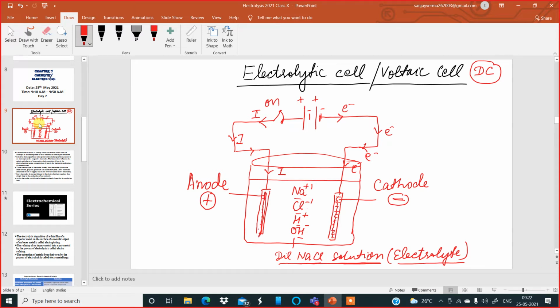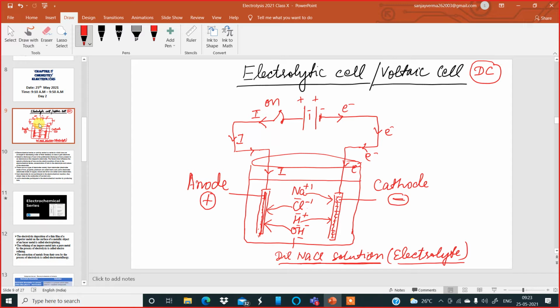Now these ions come to know in which direction they are supposed to move. The sodium ion is positive, so it goes to the cathode. The hydrogen ion is positive, it goes to the cathode. Whereas the chloride ion and the hydroxyl ion go to the anode. So this is the movement which is happening.